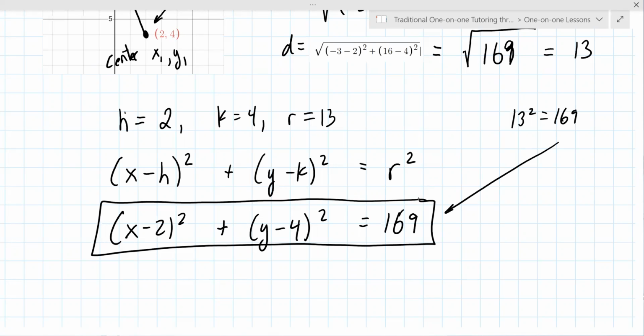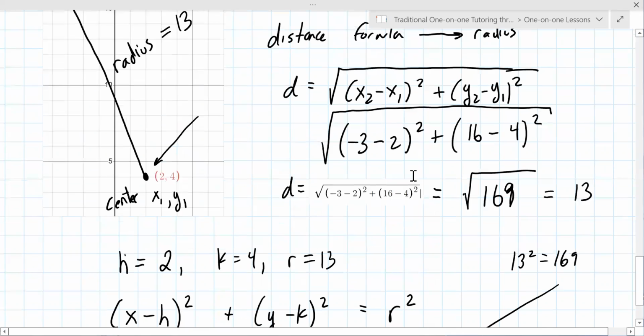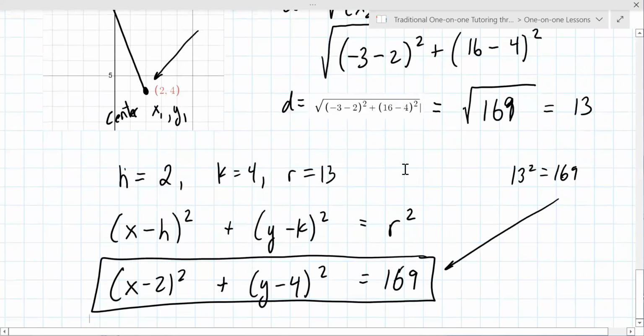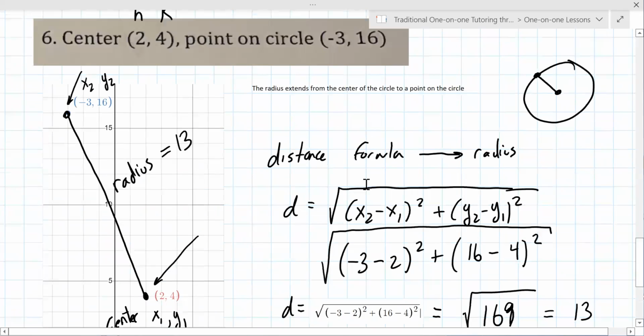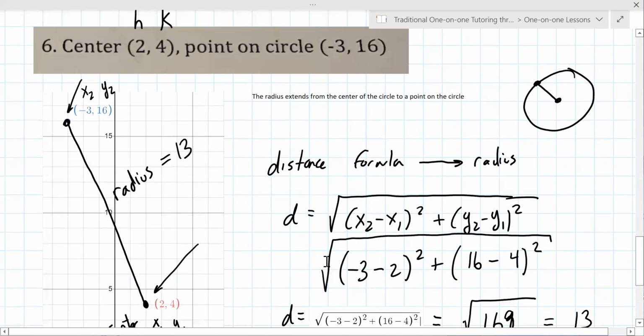We have to subtract 16 minus 3, right? I don't know what you're asking. Point on circle negative 3, 16. Is that 13? No, we've used the distance formula.